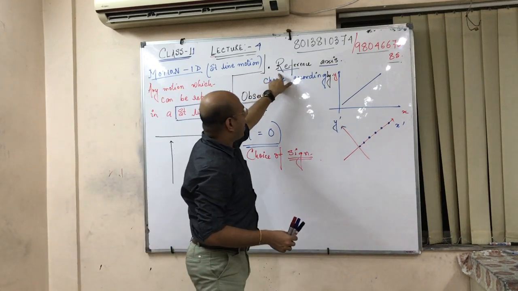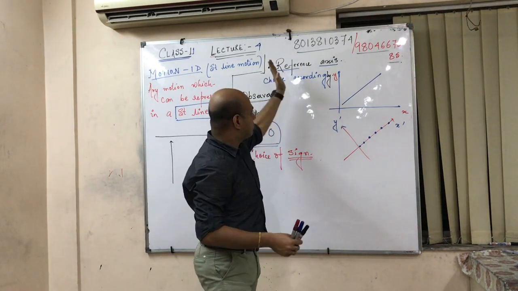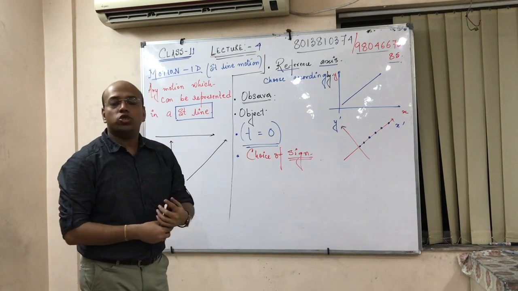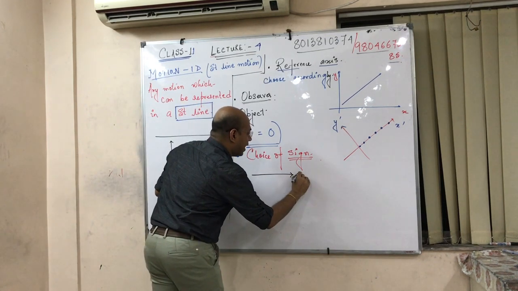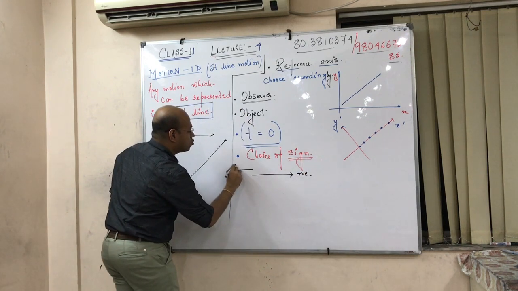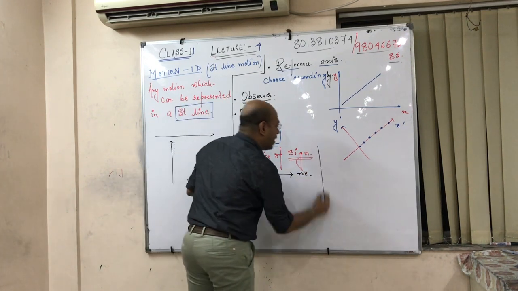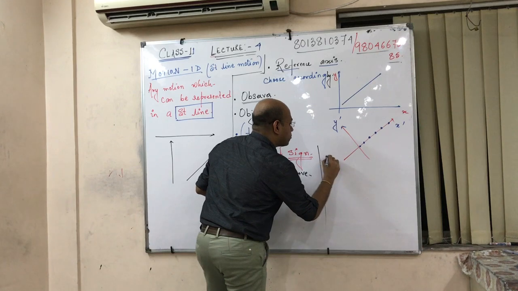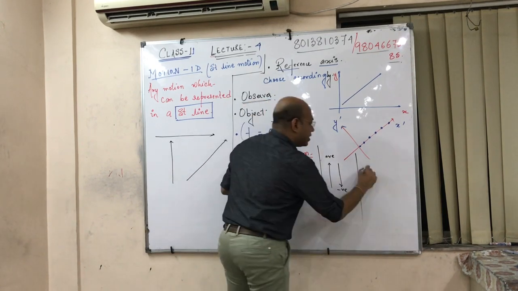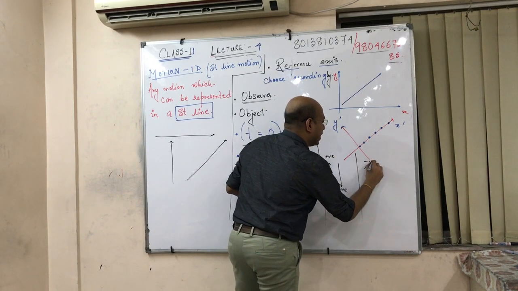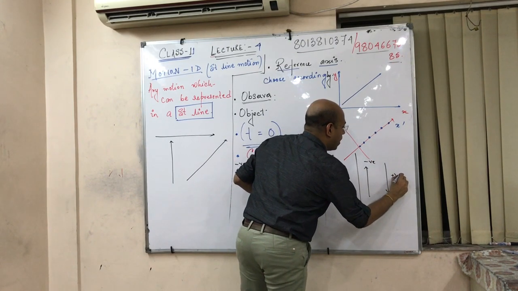So, choice of axis, it can be anything, done. Now, what is the choice of sign? Choice of sign signifies if the right hand side is positive, then the left has to be negative. If upward is positive, then downward has to be negative, or else if upward is negative, then downward has to be positive.